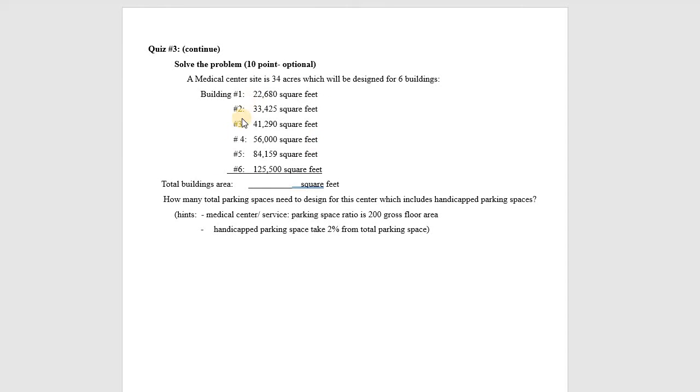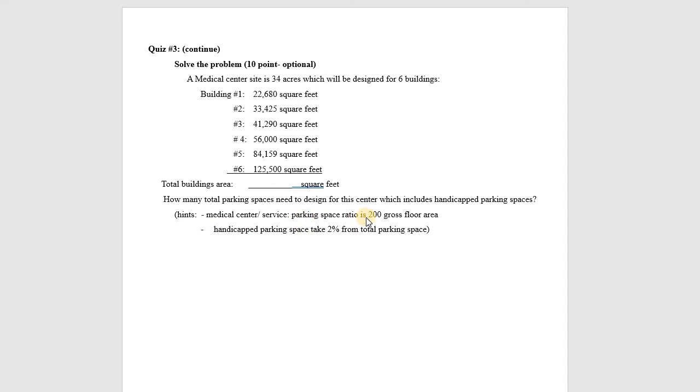Basically, you look at the areas like this. You need to ask for the total building area, that means the total of 6 buildings. You add them up to make sure how much area you have in square feet. After that, you need to calculate how many parking spaces. I put the guideline hint for you. This is medical center service.